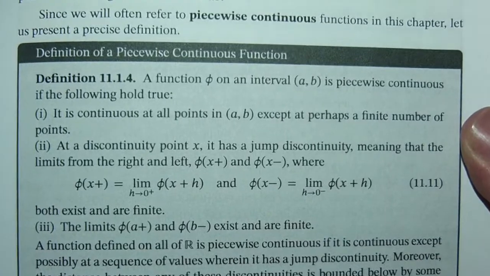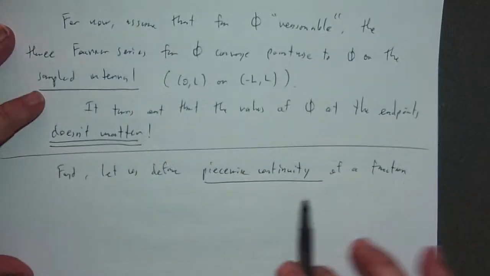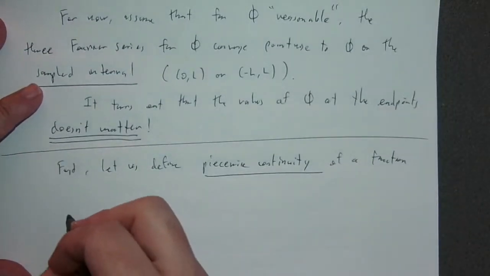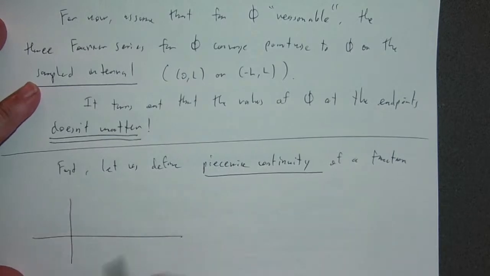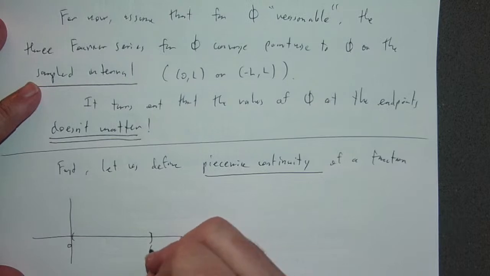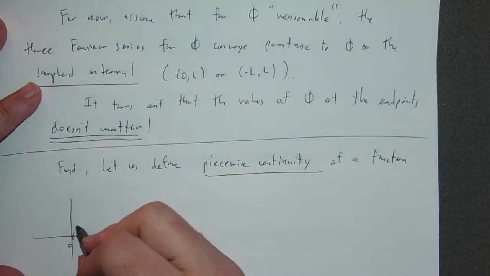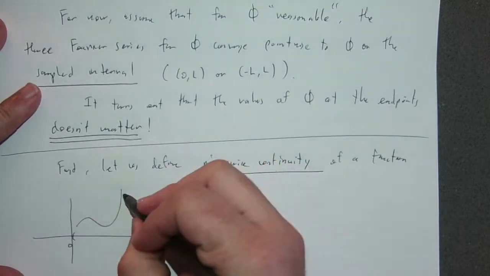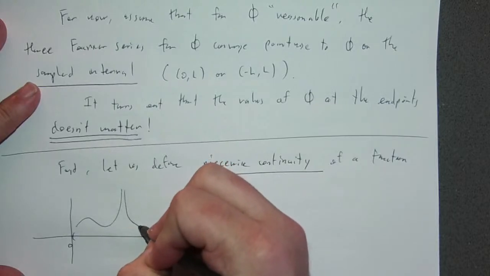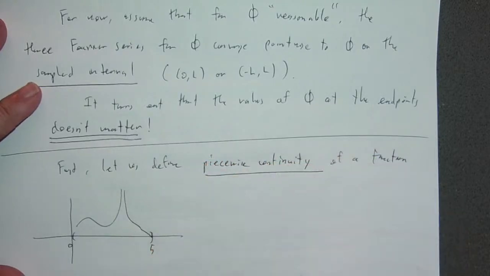Let me stop here for a second on the types of discontinuities that can exist for piecewise continuous functions. Here's an example of something that is not piecewise continuous on, say, 0 to 5. Something that does this, right?